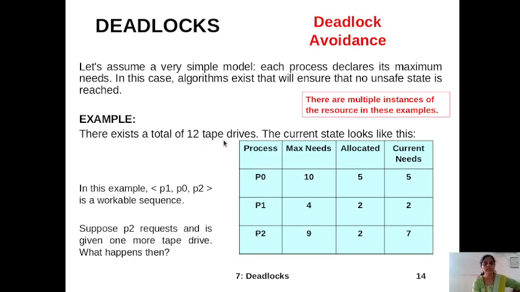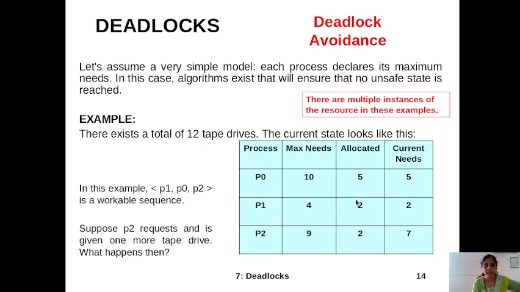Out of that, P0 would require a maximum of 10, P1 would require 4, P2 would require a maximum of 9. At the moment, P0 has been allocated 5 tape drives, so remaining would be 10 minus 5. Still it requires 5 more for its needs to be satisfied.